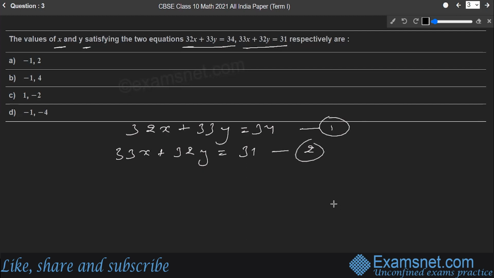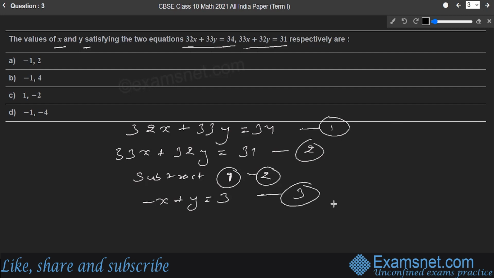Okay, between first and second, if we subtract the second equation from the first, 1 minus 2, what do we get? We get minus x plus y is equal to 3. That is the third equation.